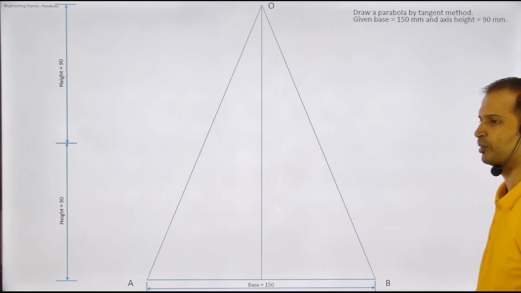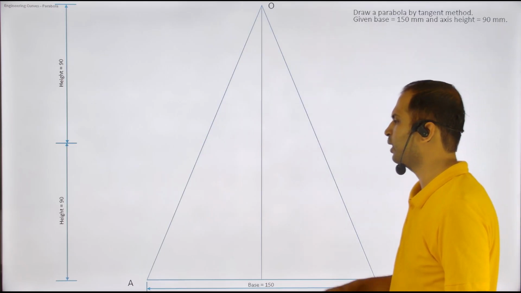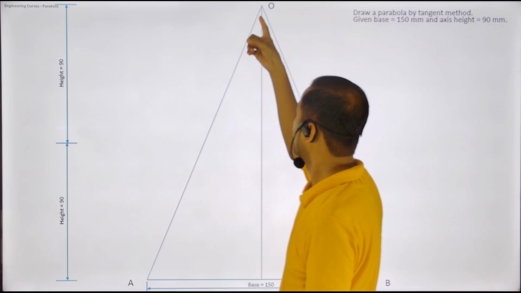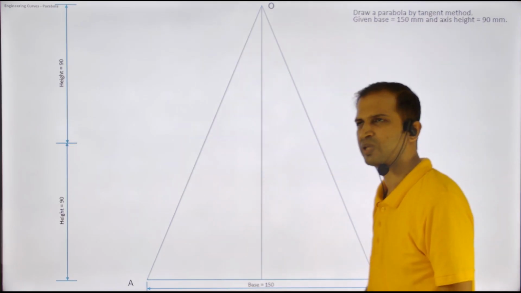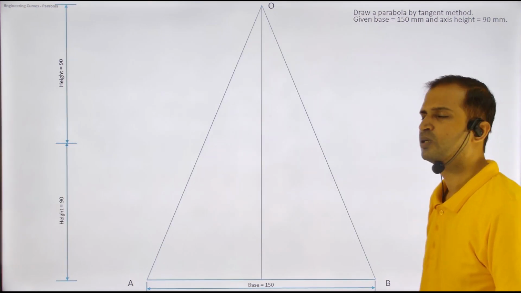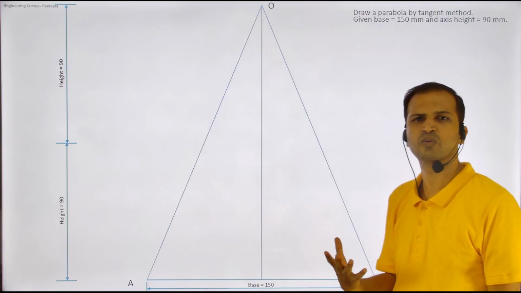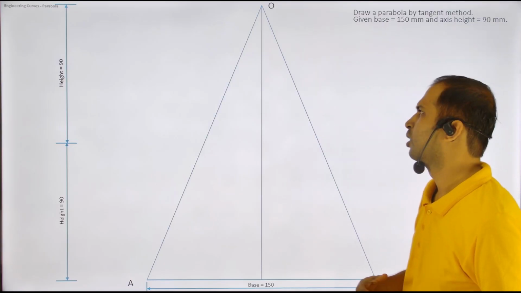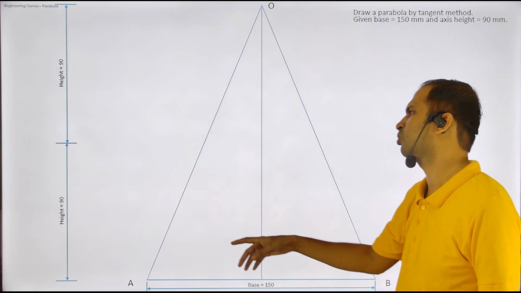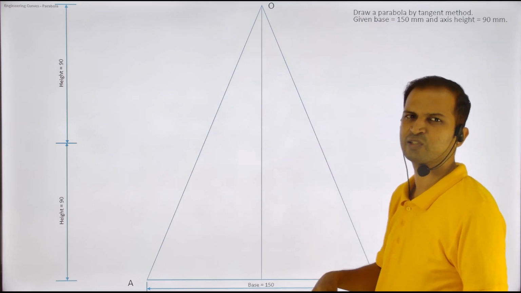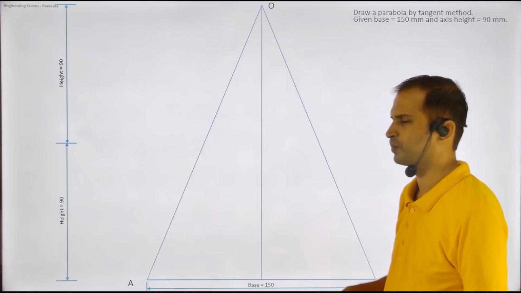So we join both ends, and then we divide this line into 10 equal parts. Sometimes students divide into 5 equal parts, sometimes into 8 equal parts. I prefer to divide into 10 equal parts. The more parts, the more suitable, and it's very simple for me to draw the curve.